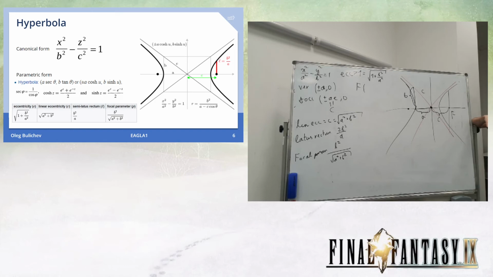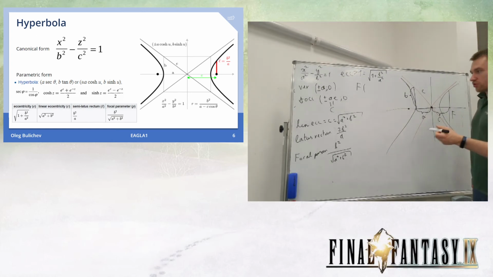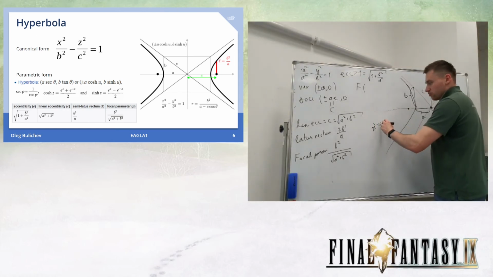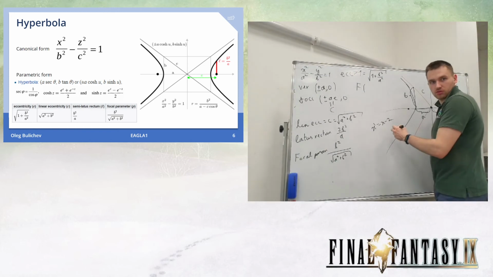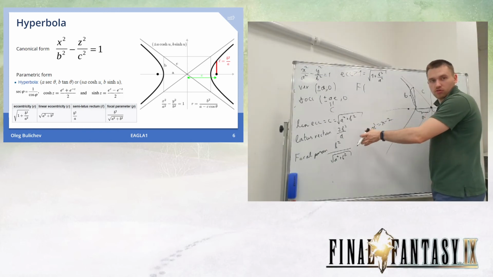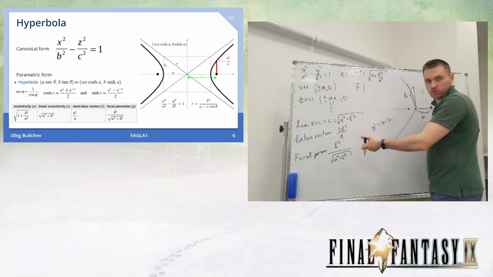Our A, B will be the same, but the equations will change. Do you agree? Yes. When we have a shift, for instance, x minus 2, we write x prime and substitute it in our equation. We will receive what we need.